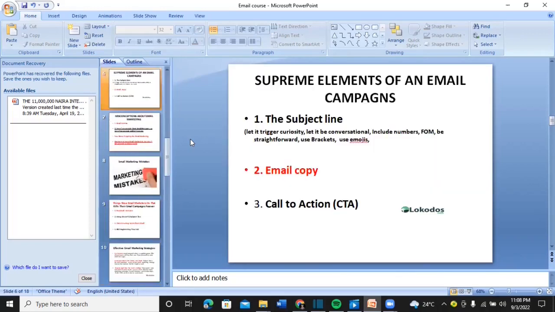Now, what are the supreme elements of an email campaign? The number one supreme element of an email campaign is the subject line. The subject line of your email is everything.